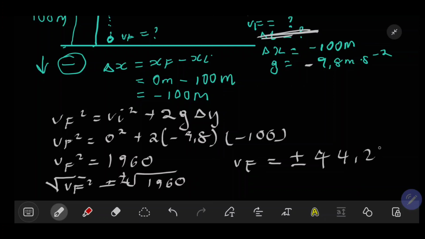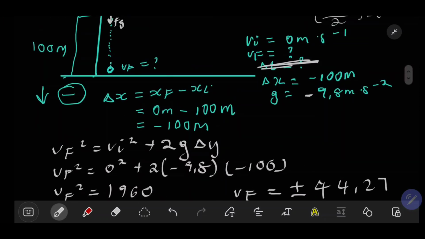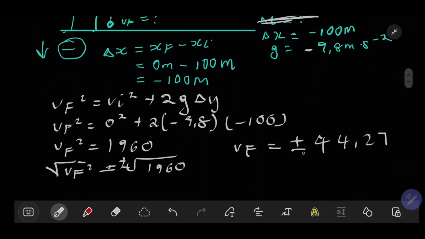Then our v final becomes plus or minus 44.27. All right, so the velocity can either be positive or negative. Remember, the ball is going downward, so the velocity should also be going downward. So our velocity should take the direction here, which is negative.